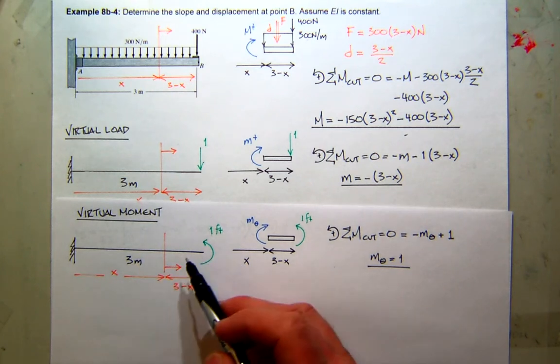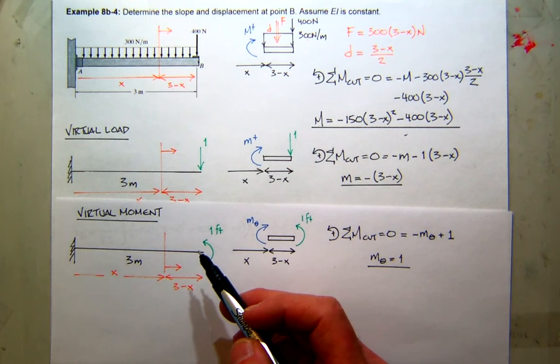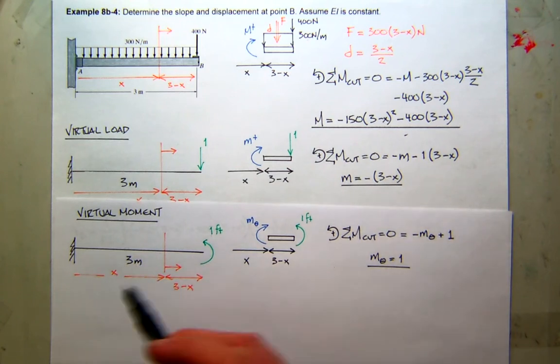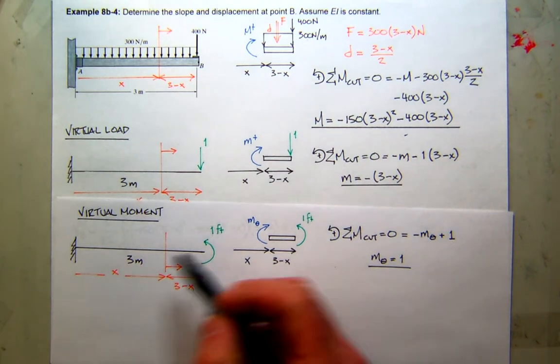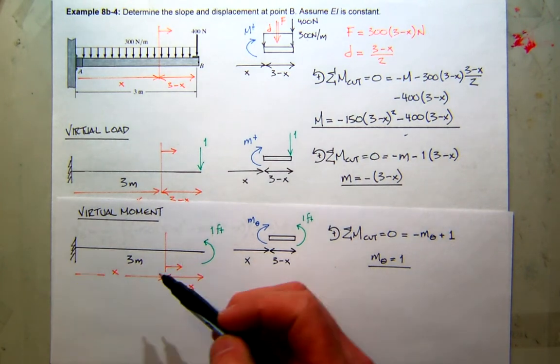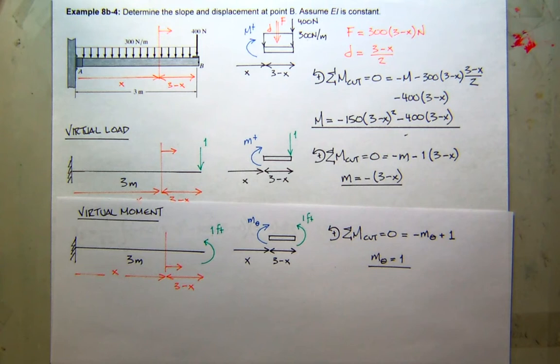The one to the right would be no moment, 0. The one to the left would still be 1, but that's just because it's a cantilever. Cantilever is unique that way. But if it was a simply supported beam, it would not be 1. It would be something else, because that moment would induce some reactions, and the reactions would possibly be different on either side.